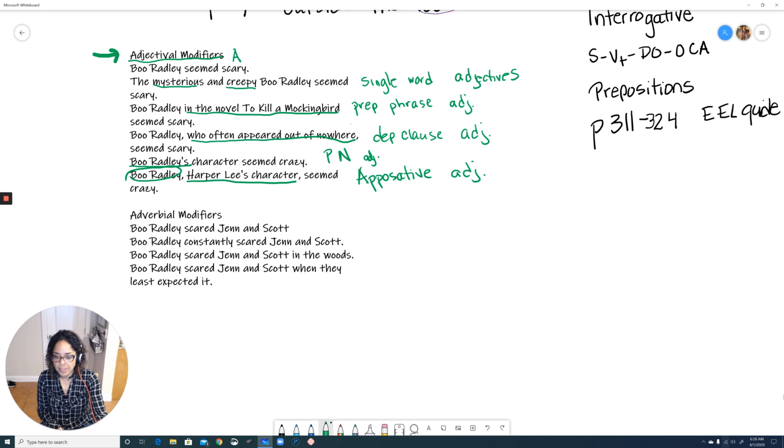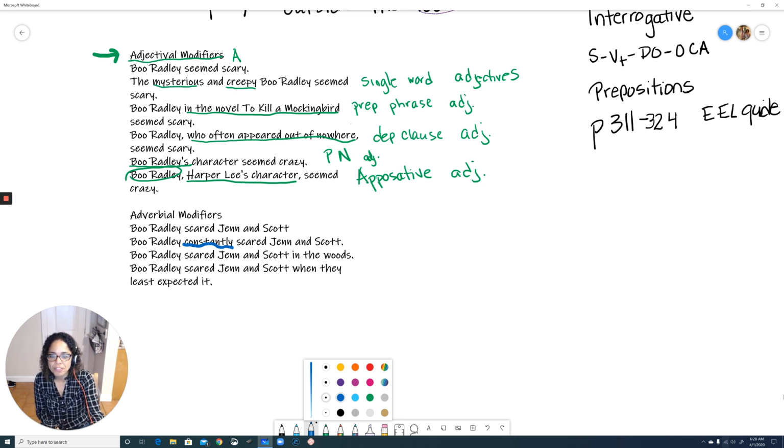So our first example here is Boo Radley scared Jen and Scott. That's our base sentence. So we're going to add some things to that sentence using adverbs to make it a little less boring, okay? And you've learned a few of these devices already. Boo Radley constantly scared Jen and Scott. Make this a little less flat, okay? Here, constantly scared, oh, I want to add one more word to the end because that would be fun.